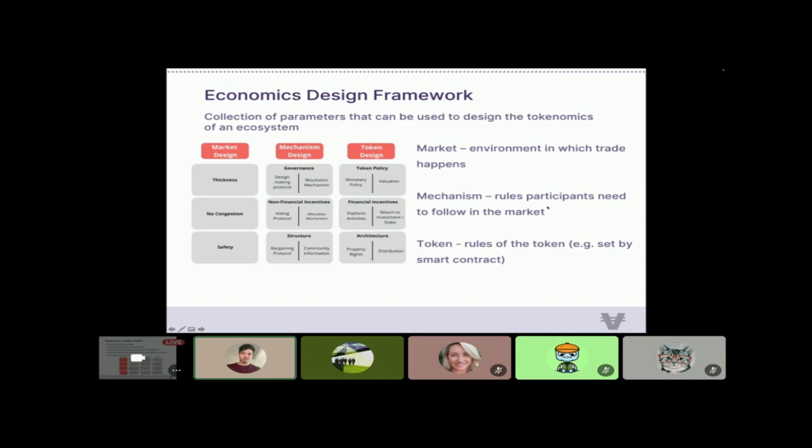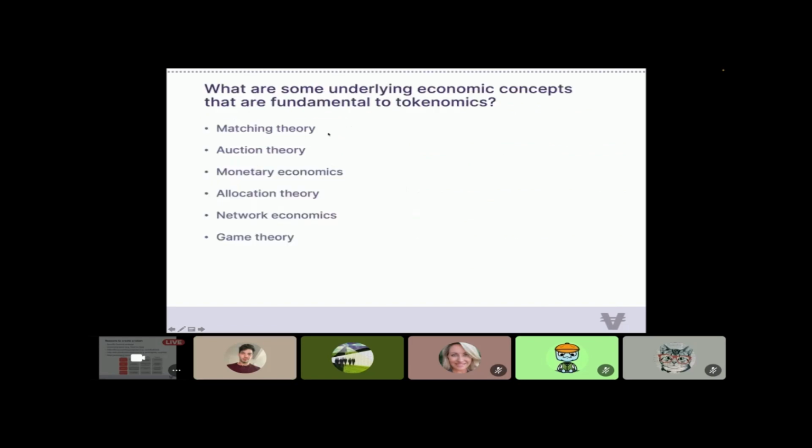Then the mechanism is the rules that the participants need to follow in the market, and the token design is pretty much set by a smart contract or a set of smart contracts, which you probably already know. But yeah, these are actually parameters that we can also consult ourselves when we are designing our token model.